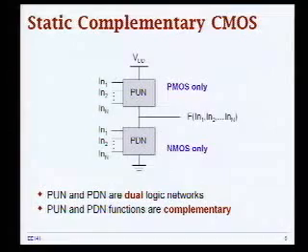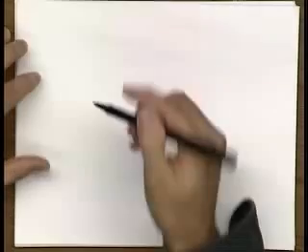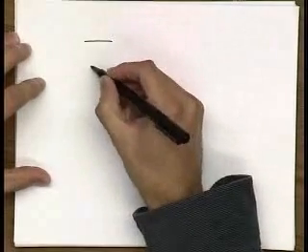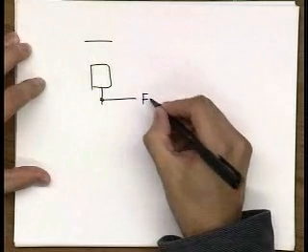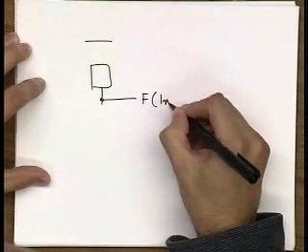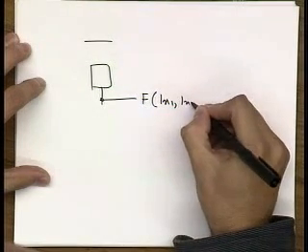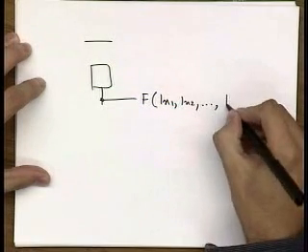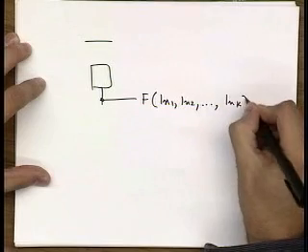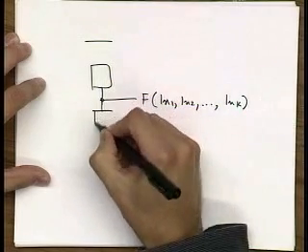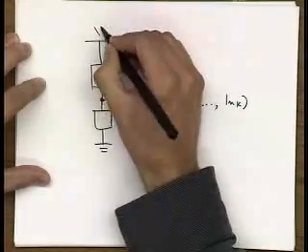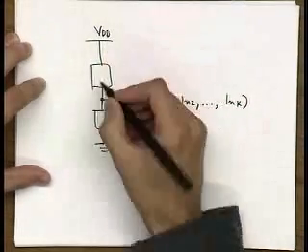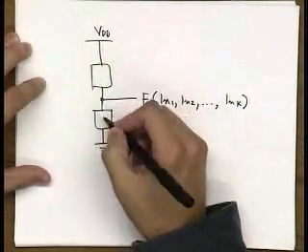So the way we now implement these functions is, every function can have some inputs, in 1 and so on up to in K. And the way we realize a certain logic function in hardware is through these pull-up and pull-down logic networks.